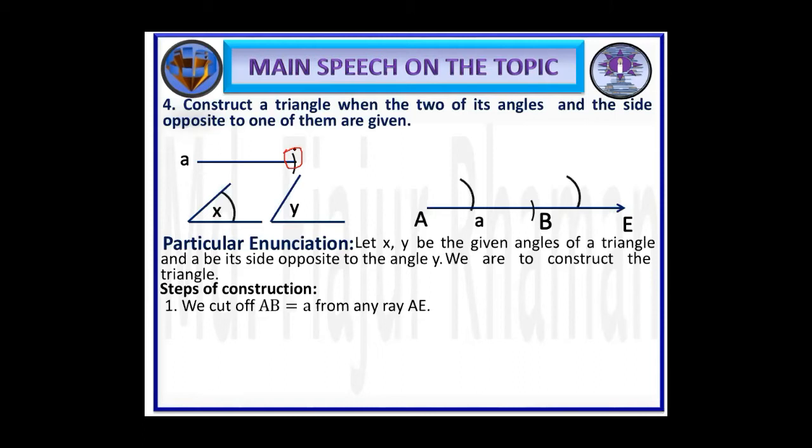Then we should draw two angles at the points A and B equal to angle X. That's why we have drawn arcs of the same radius, and then we draw the arc to measure the angle X. At first we join A with the point of intersection of the arcs and extend it.